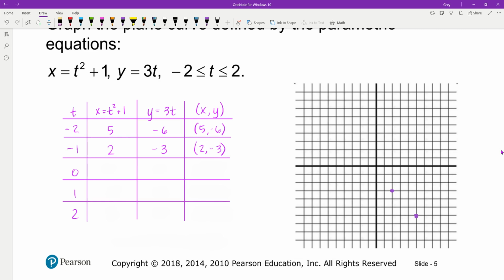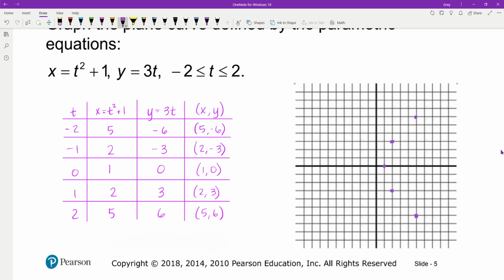If I plug in 0, I get 1 for x and 0 for y, giving me the point 1, 0 on my graph. If I plug in positive 1, I get 2, 3, giving me the point 2, 3 on my graph. And if I plug in positive 2, I get 5, positive 6, which gives me the point 5, 6 on my graph.